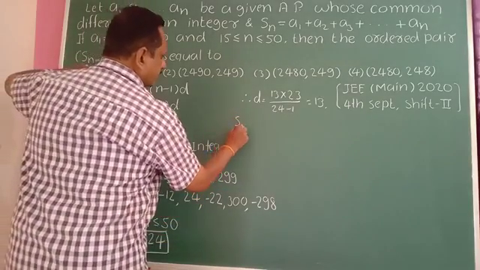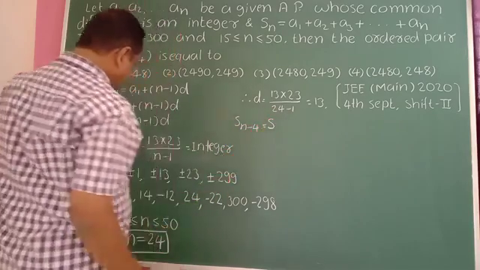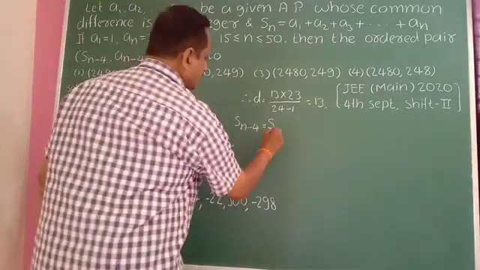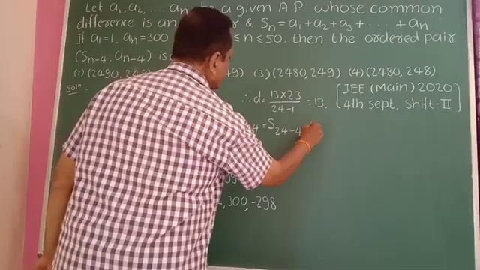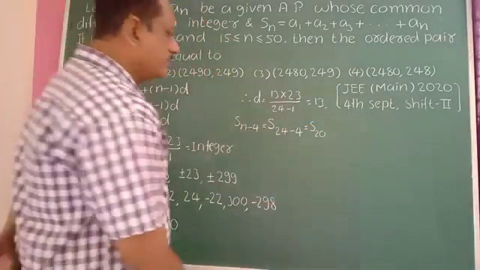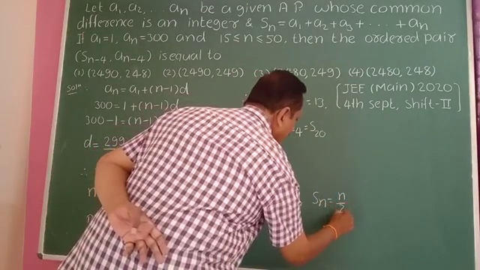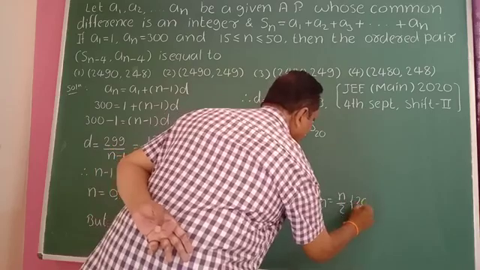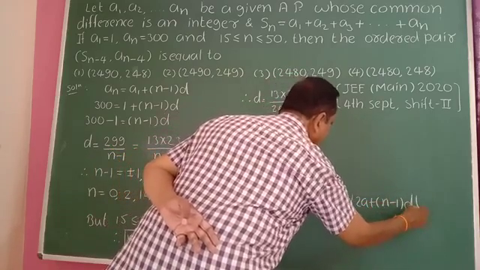S n minus 4 is equal to, here n value is 24. So S of 24 minus 4, that is equal to S 20 here. And you know this formula, Sn is equal to n upon 2 into bracket 2a plus n minus 1 into d.